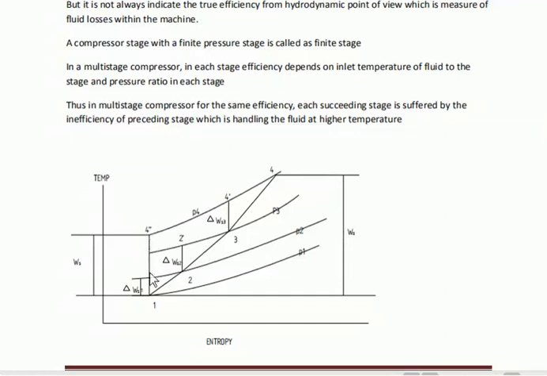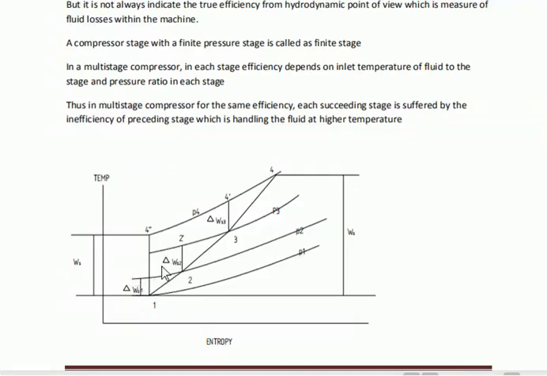Here 1 to 4 double dash indicates the overall isentropic work done, and 1 to 4 indicates the overall actual work done of the compressor. Here we have the pressures P1, P2, P3 and P4. 1 to 2 indicates the first stage actual work done, and this part indicates the first stage isentropic work done.